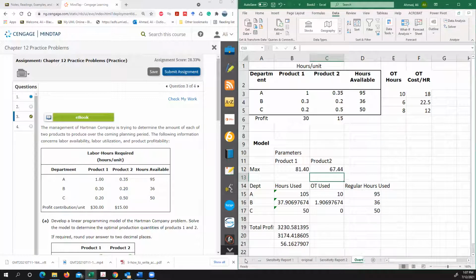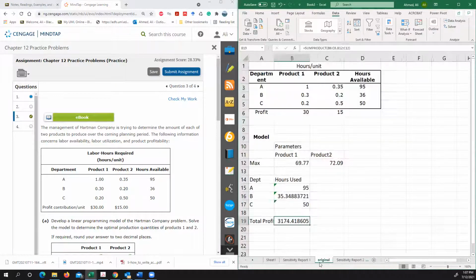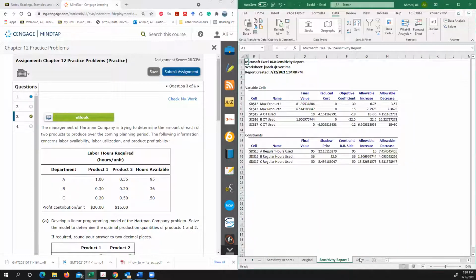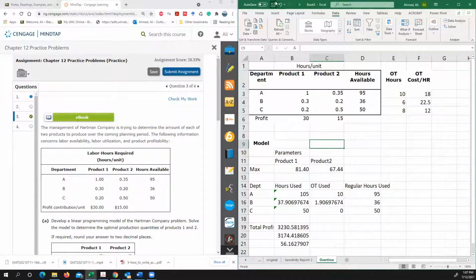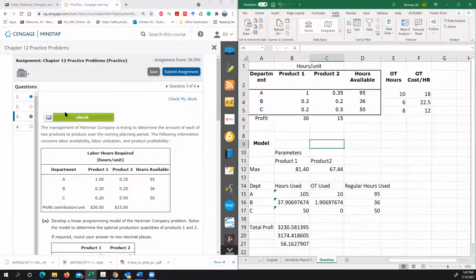So I will submit this file on Blackboard so you can use it for your analysis. Practice problem number 3. And this is chapter 12. All right, so I will make another short video for question number 4.